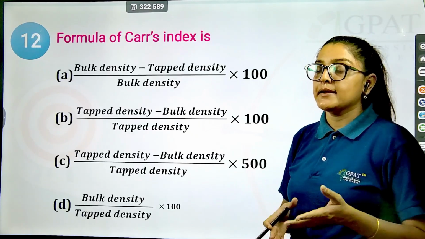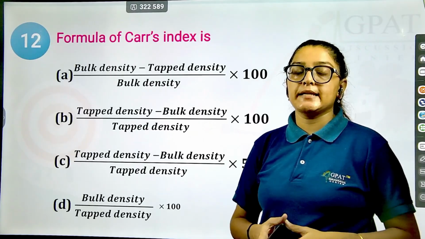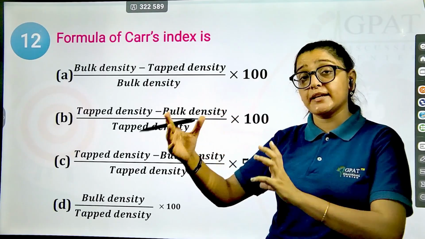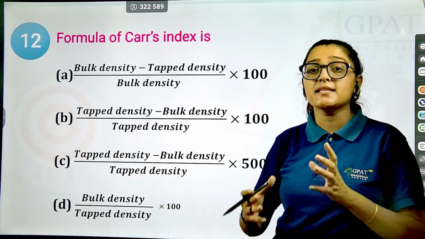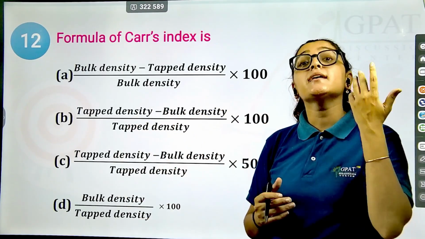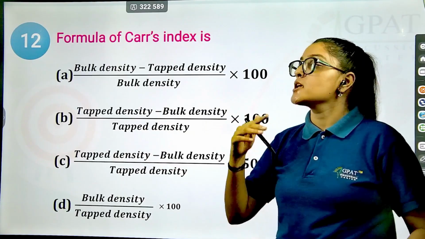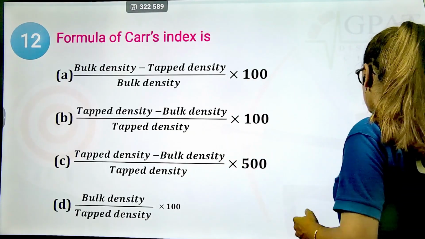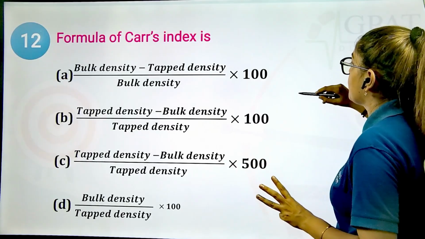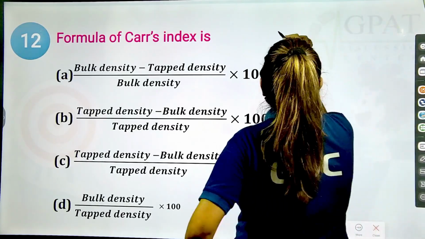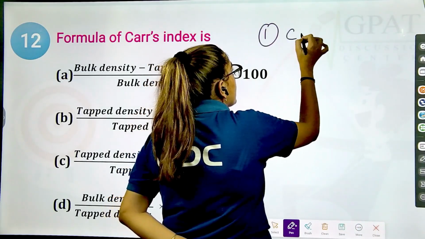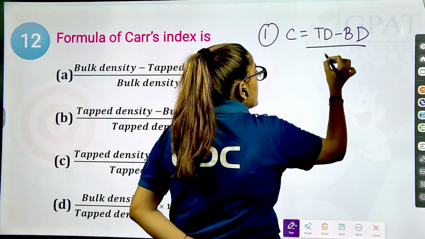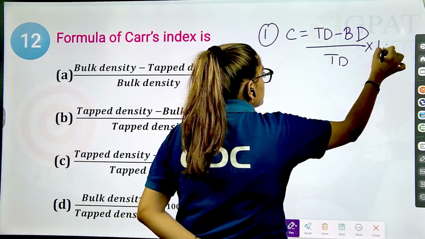Next, formula for Carr's index. Carr's consolidation index or Carr's compressibility index basically characterizes the flow properties. I have already told you the formula for it. I'll just write all three formulas so that if you don't know, you will note it down. For Carr's index, it is tap density minus bulk density upon tap density into 100.